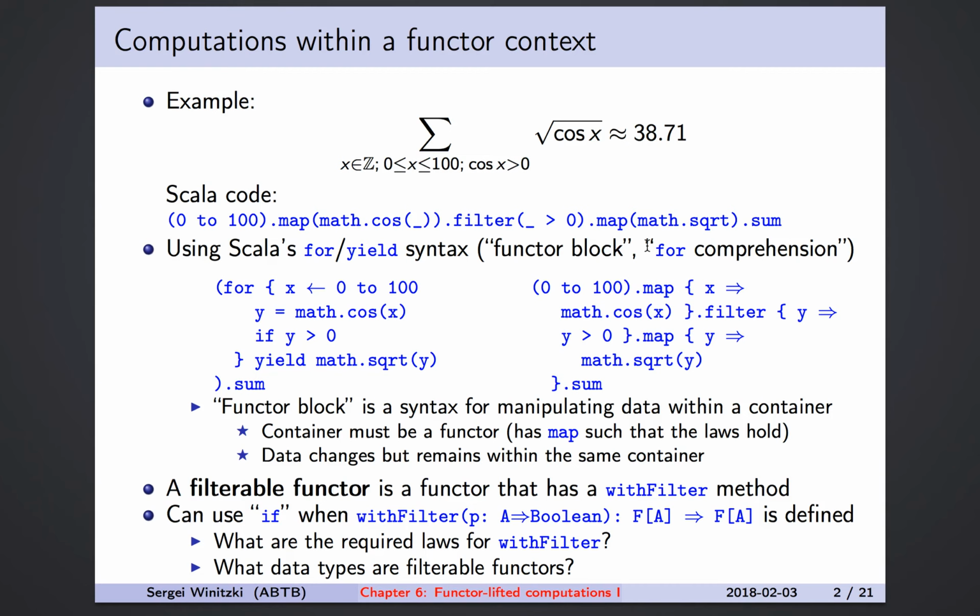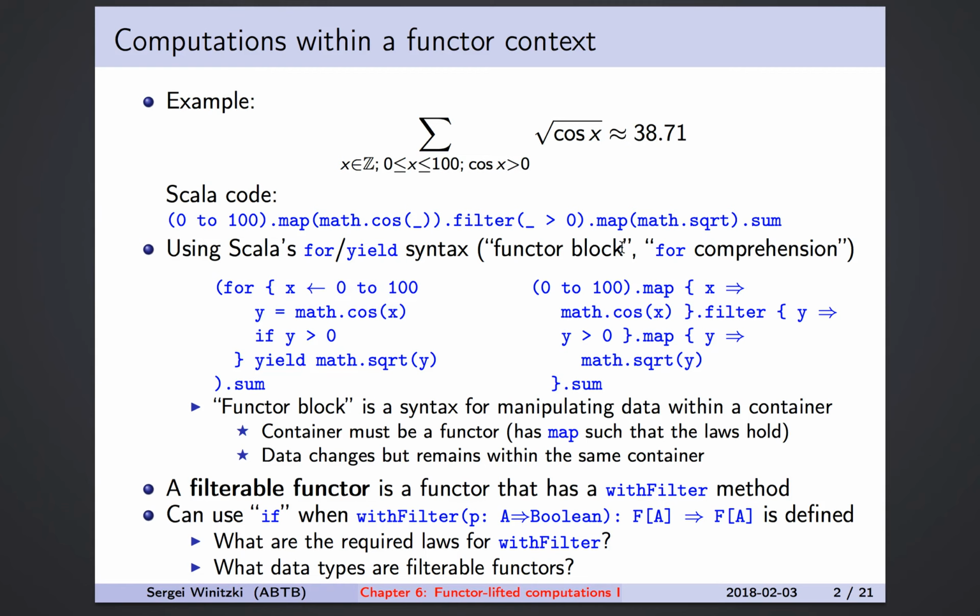Other names for this syntax are for comprehension. Now, this comes from Python, I believe, and it does not add to my comprehension of what this code is doing, so I will not call it a for comprehension.